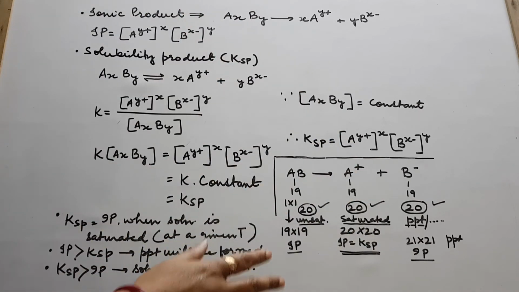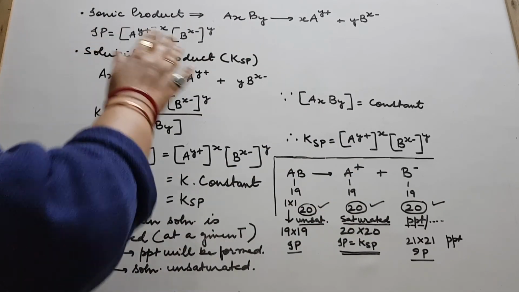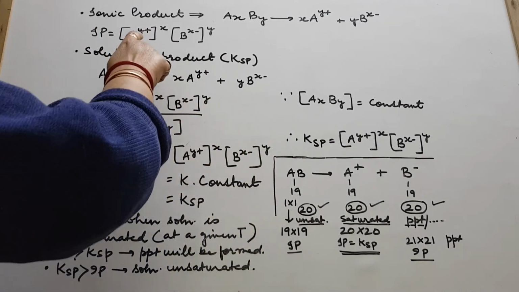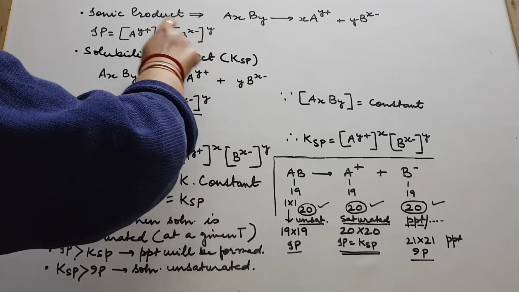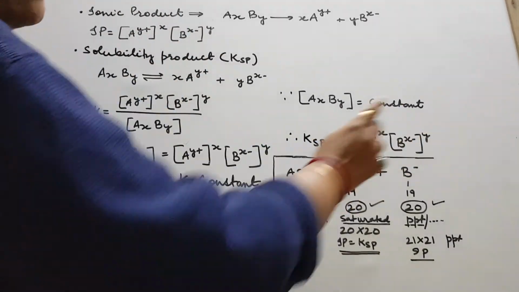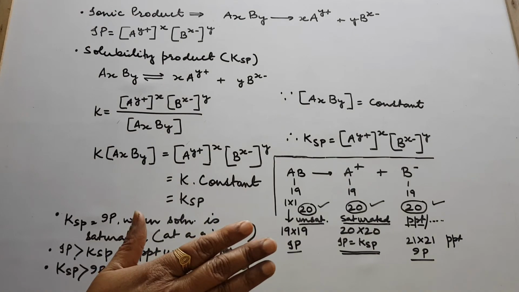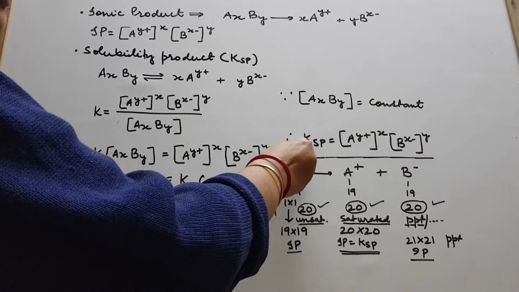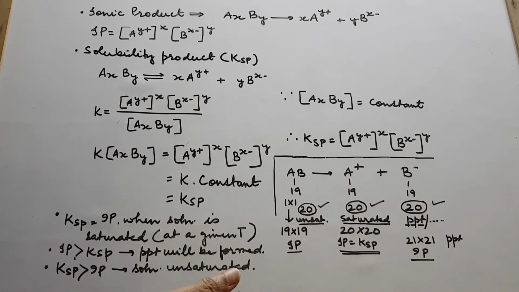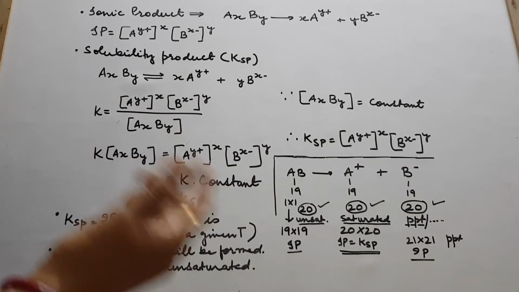So in a nutshell, IP and KSP have the same formula, the same way of calculation: A ion, B ion, with powers X and Y raised. Very same formulas. Often they give you KSP, you calculate IP and you compare and say whether PPT will be formed or not.